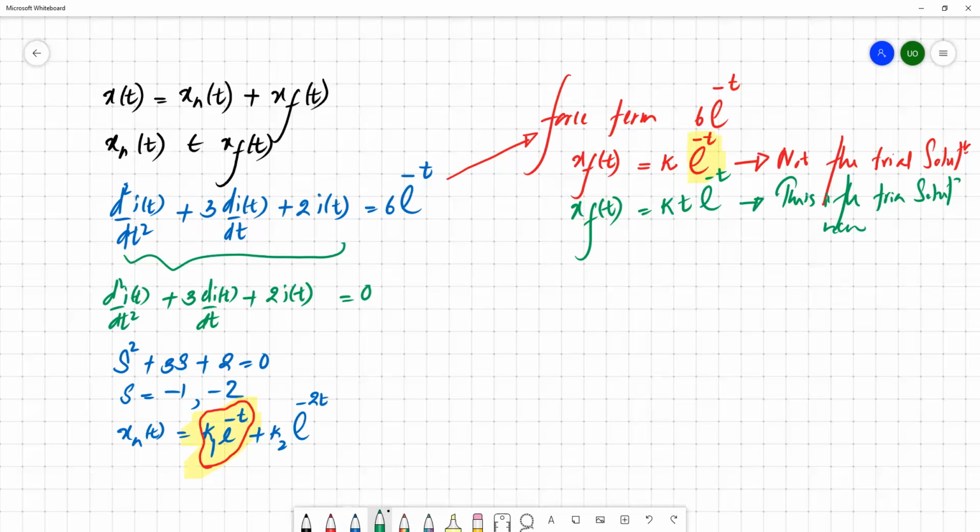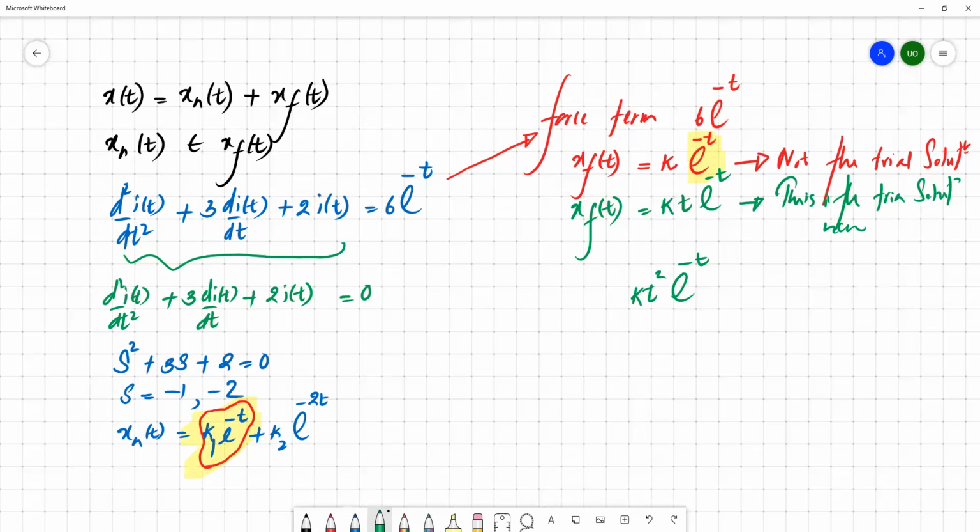So you can basically propose kt squared e to the power minus t if kt e to the power minus t is there in the natural response. Then again you have to check with the natural response whether the proposal for the forced response is there in the natural response or not. If it is not, you can keep it as the exact solution.